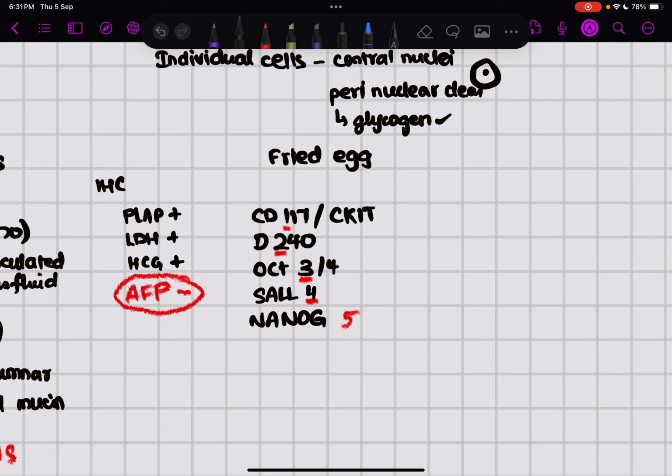So these are the new markers. With this, dysgerminoma is over.